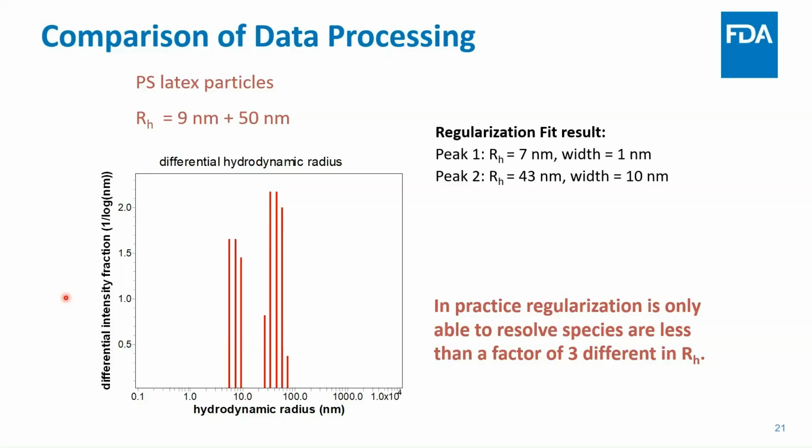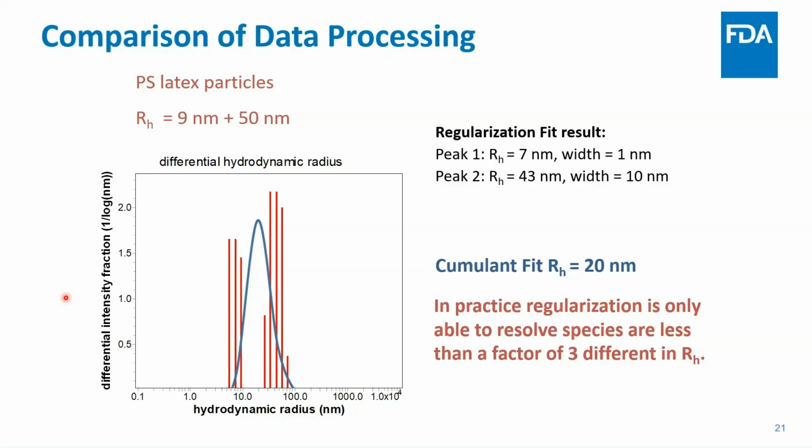So that's just outside that 3x range, and it actually does a fairly reasonable job at differentiating these two systems. And so again, if you were to use a cumulant fit or just the Z average for the system, from the single exponential decay of the system, you would get 20, which may not be representative.